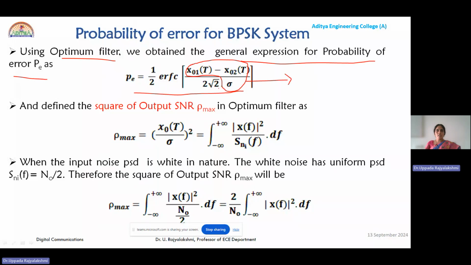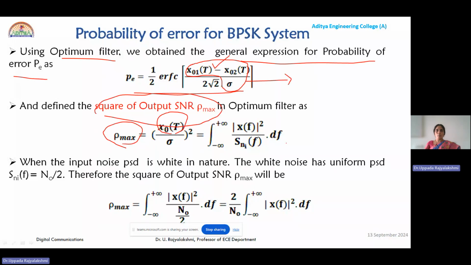We also calculated the square of output SNR, rho max, in optimum filter as rho max equal to (x0(t) divided by sigma) whole square, where x0(t) is the change in the output magnitude, expressed as x01(t) minus x02(t). Here x0(t) by sigma is squared because we are defining the square of output SNR.